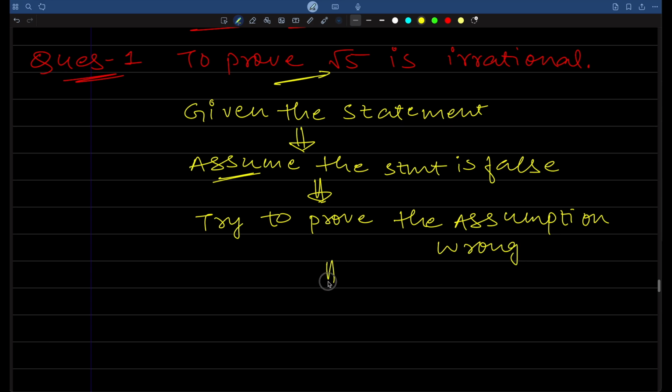And hence the assumption is wrong, therefore the statement is true. So let us start the proof.